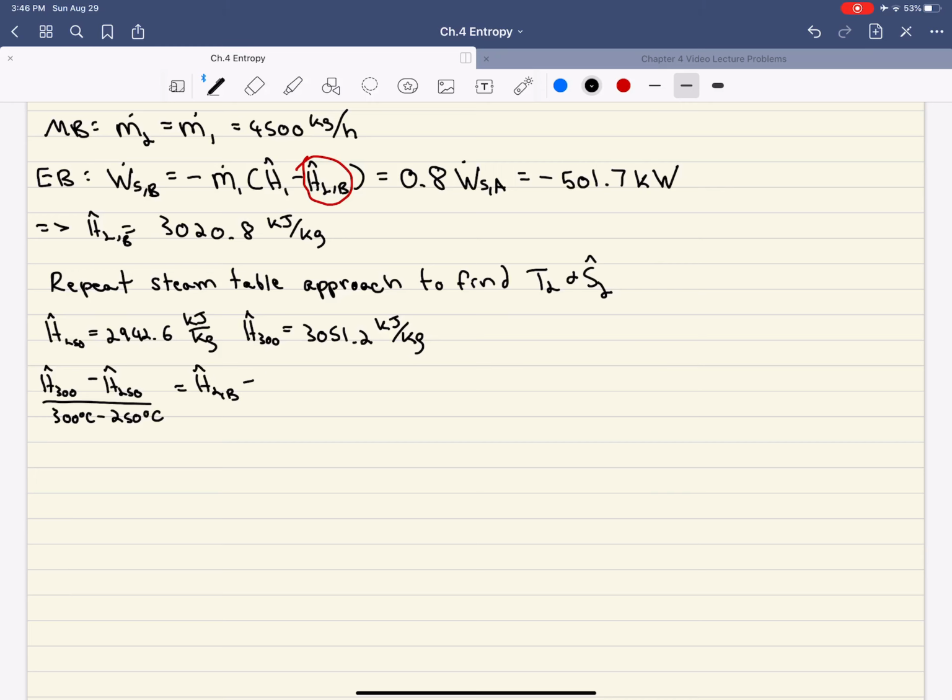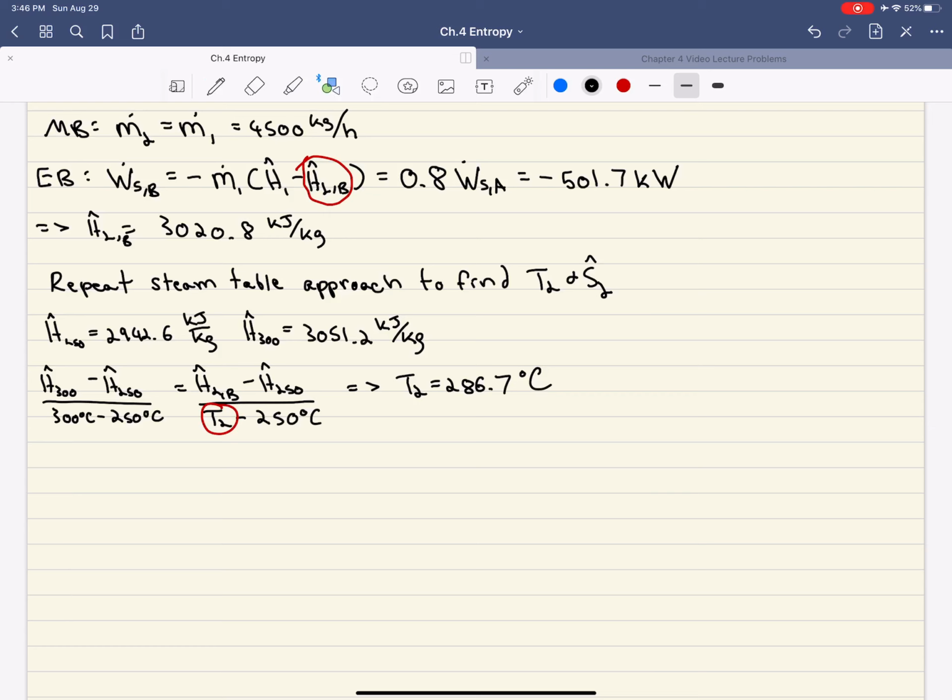H2B minus H250, over the difference in enthalpies, equals T2 minus 250 degrees C over 50. Our only unknown is T2 again. If we solve for it, we get T2 is equal to 286.7 degrees Celsius.